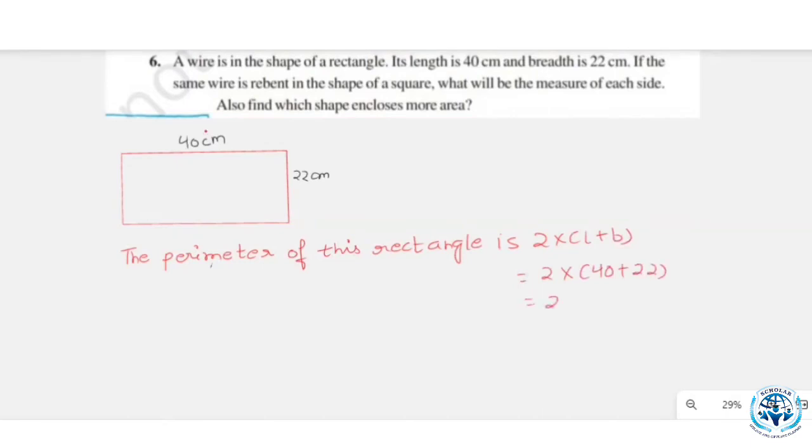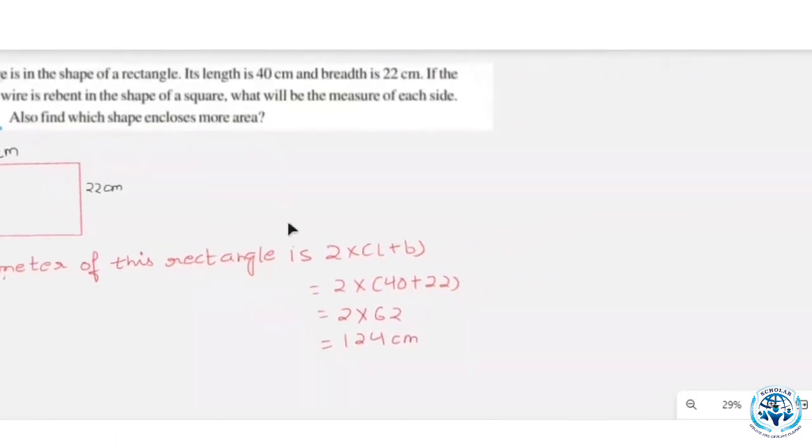Understood? So the perimeter of this rectangle is 2 into (length plus breadth), 2 into (40 plus 22), 2 into 62 is equal to 124 centimeter. This is the perimeter of the rectangle, and also this is the perimeter of the square, because the same wire is used to form the square.